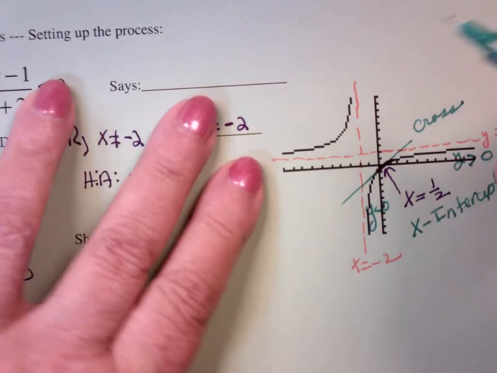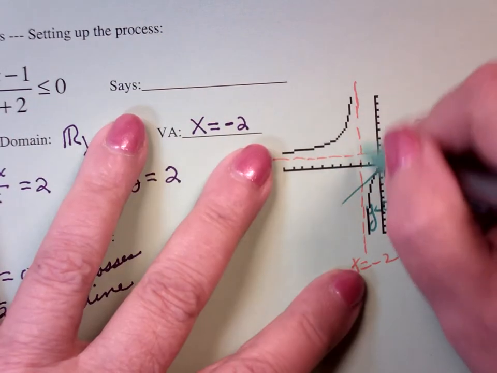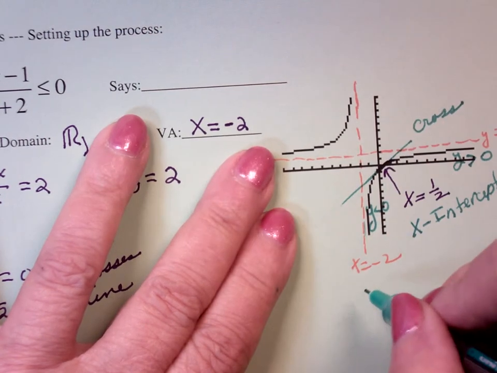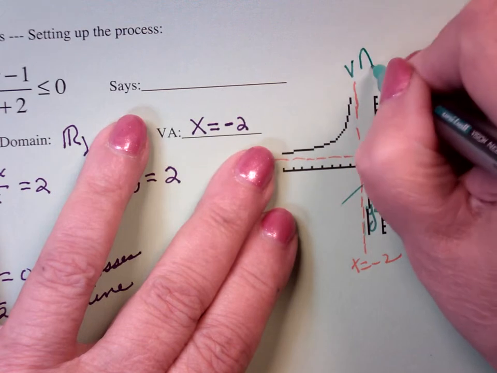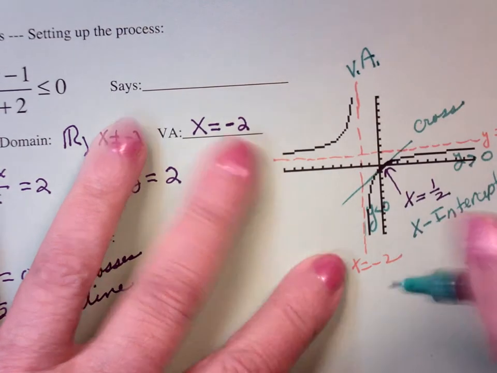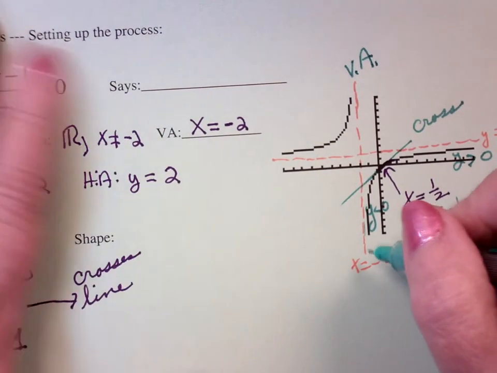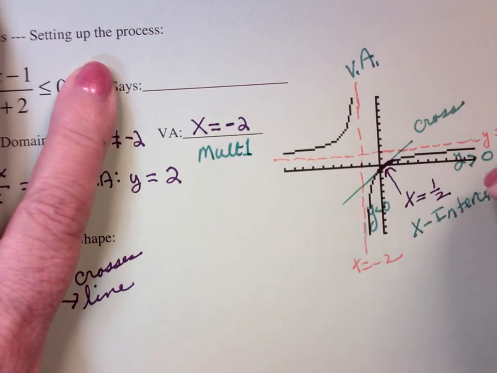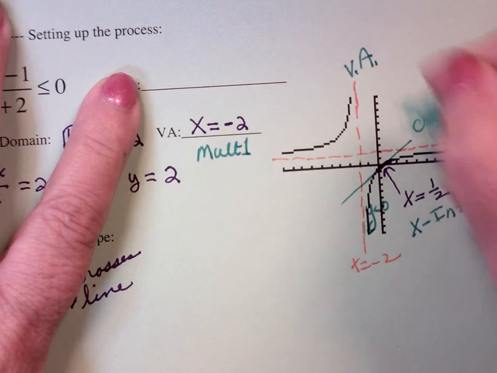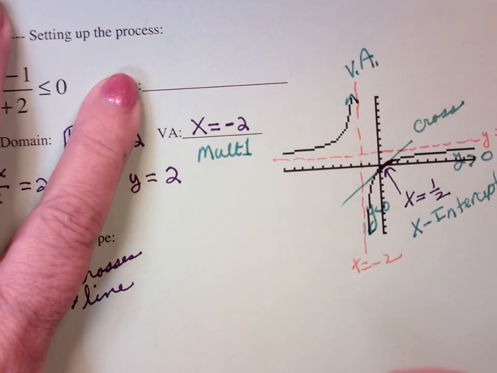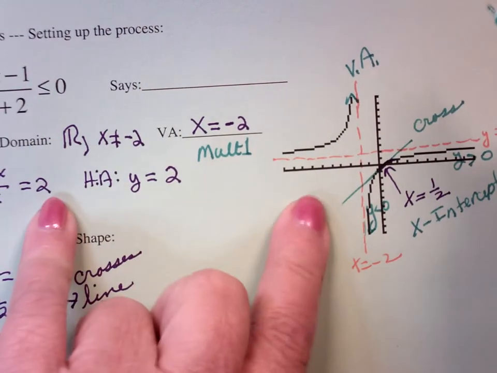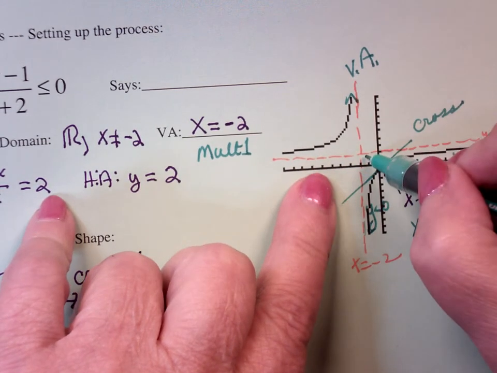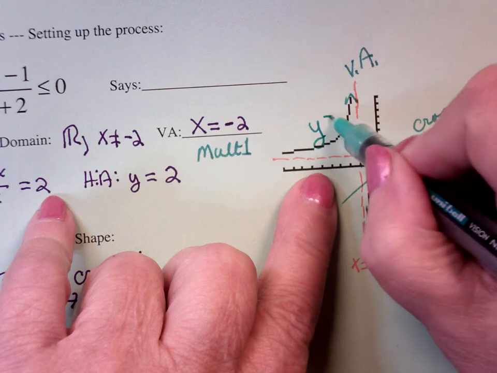Here's the other thing that happens. If you look at the asymptote, here I have a VA. The VA happens to be multiplicity 1, which means that the arrows went in opposite directions. But the other thing that is of interest to us is, if I look at the left side of the VA, y is positive.